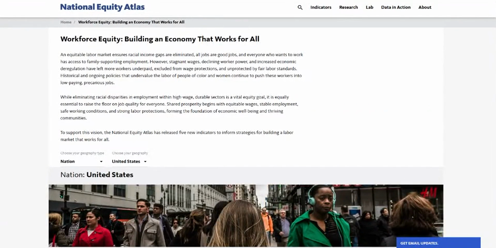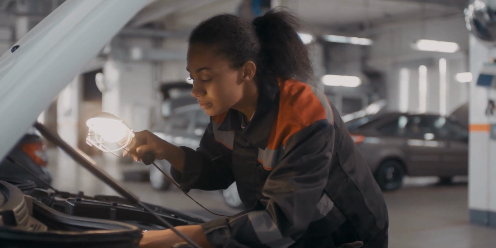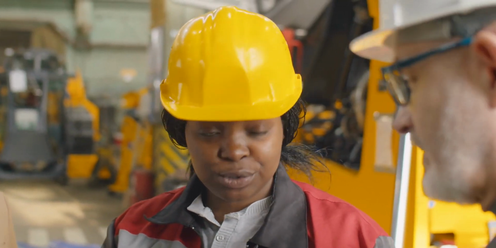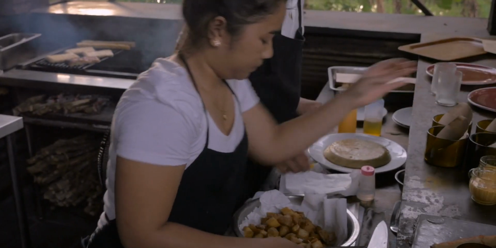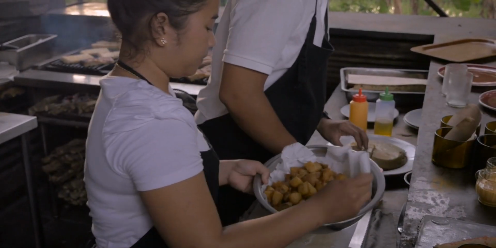The data snapshot opens to a description of our vision of workforce equity, which is that the economic vitality of the nation has always relied on workers. Yet stagnant wages, declining worker power, and increased economic deregulation have left more and more workers underpaid, excluded from wage protections, and unprotected by fair labor standards.